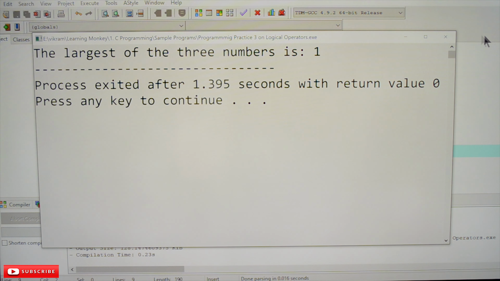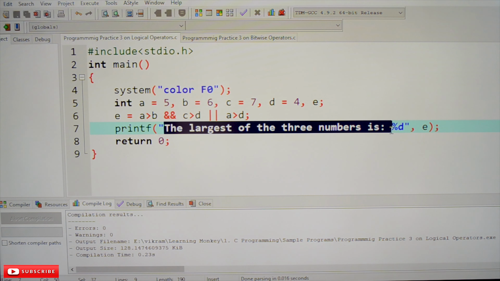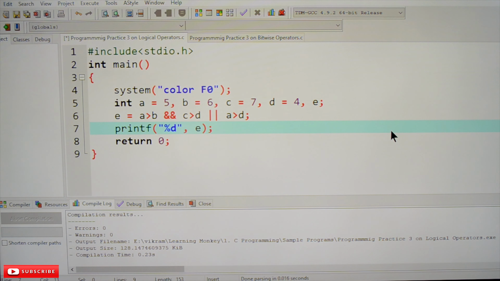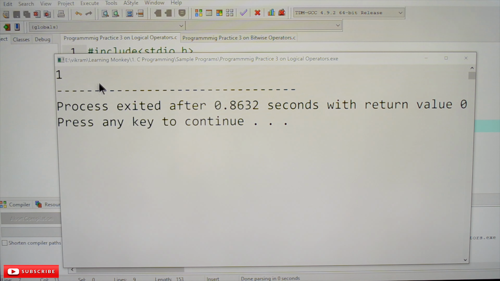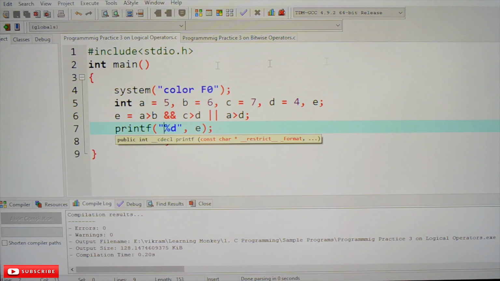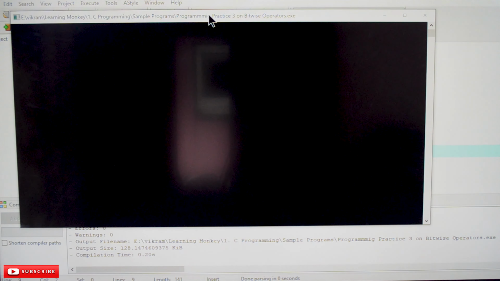Execute this one. The output is 1, and similarly for the next one, let's compile and execute it.